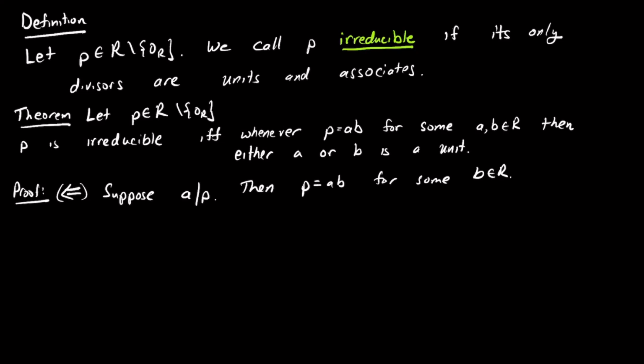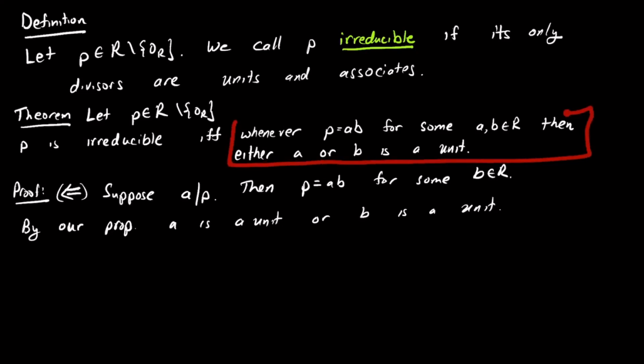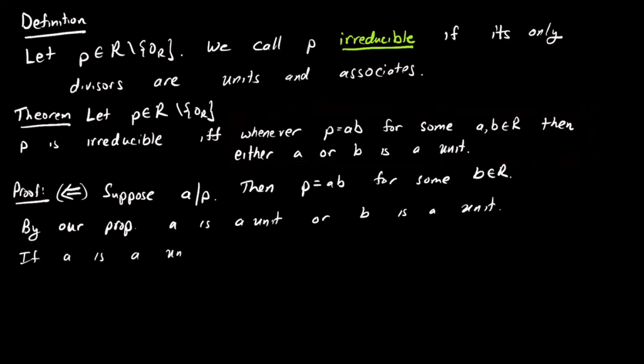Well, by our property, we know that A is a unit or B is a unit. One of those has to be true because this is our assumption, namely, this thing in the red box right here. If A is a unit, then I'm done.